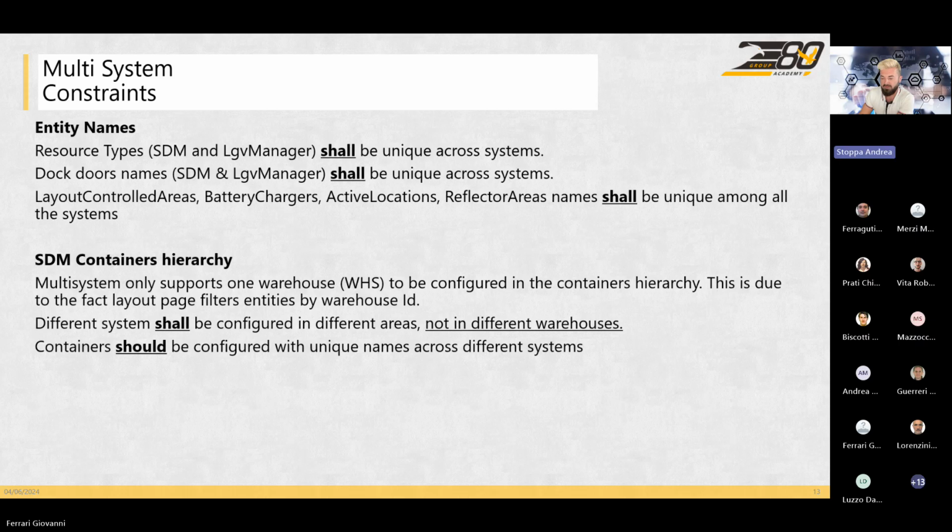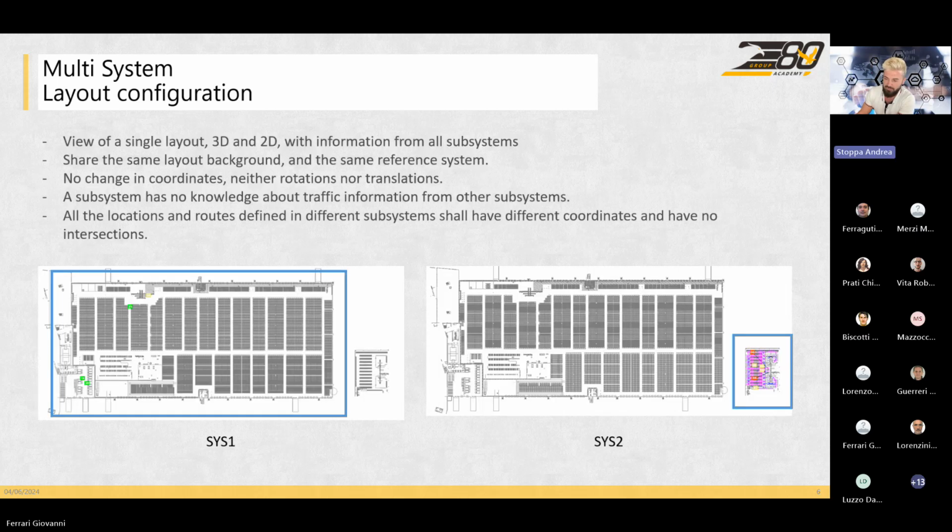Can I ask a simple question? I don't know if it has a simple answer. Sure, Andrea. When you described the two layouts and the constraints, you said they must have the same background. What do we mean by background? Okay.